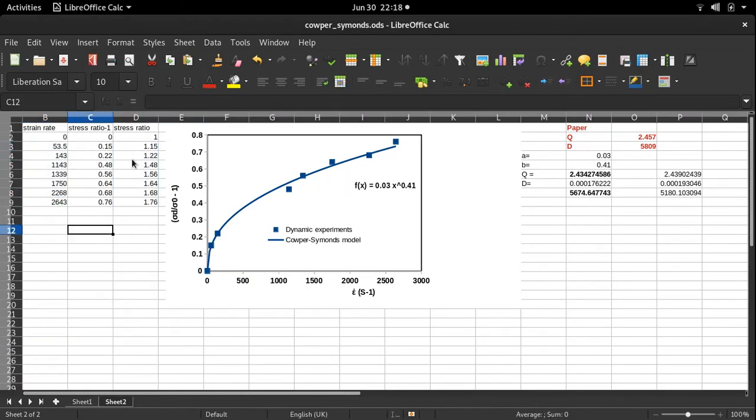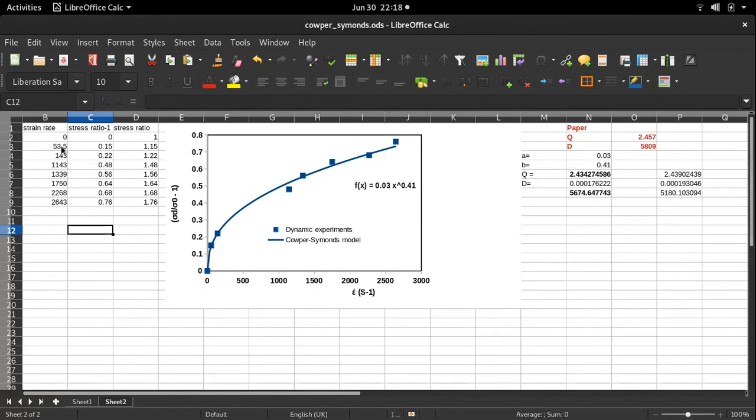These values I have taken from the paper. I just mapped these values, so it may not be exact. Here I have just taken these values for showing how to calculate the Cowper-Symonds parameters. So whatever values of D and Q come, it may not match exactly because it's a mapping, so it can be off a little.